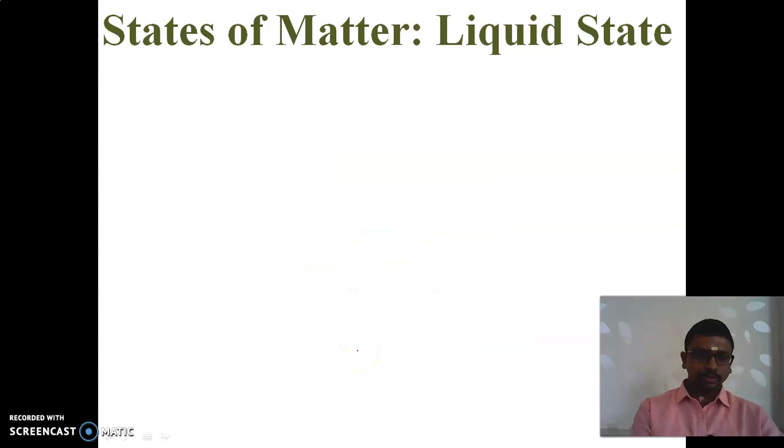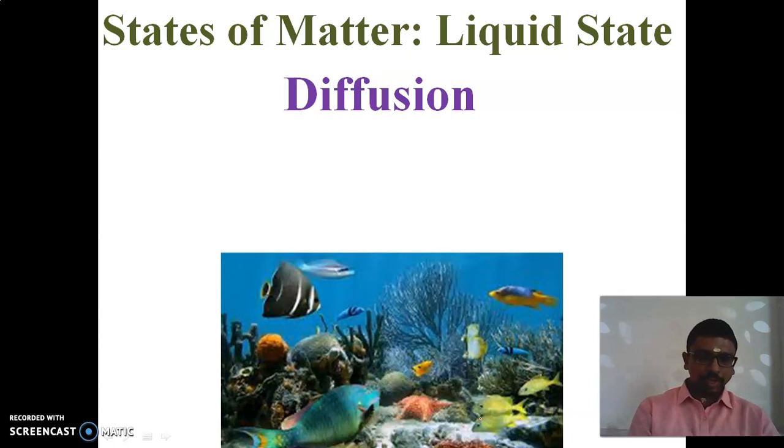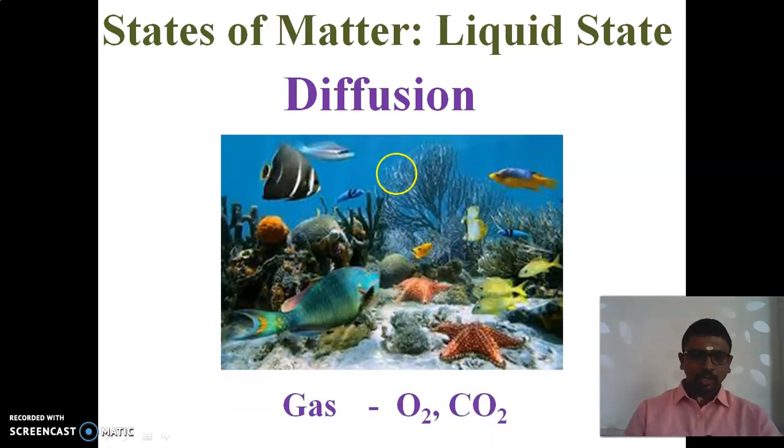And next, for gases, when we take oxygen gas or carbon dioxide gas, just imagine the aquatic species in a pond, sea or anywhere. How do the aquatic species live in the water? Because there is oxygen gas inside the water.